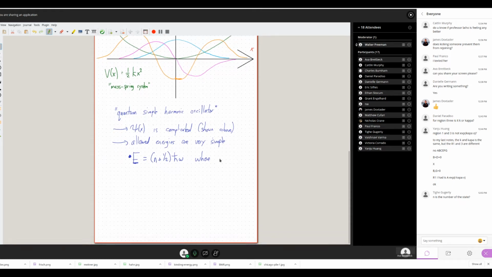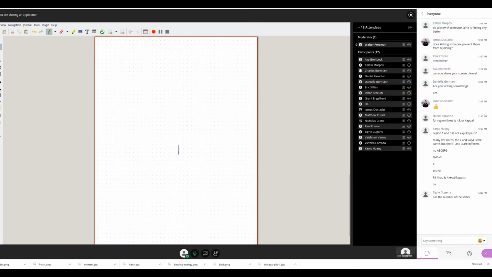Where here, omega is square root k over m. So why is this useful? This lets us, anytime you have a potential like this, understand its physics very simply.